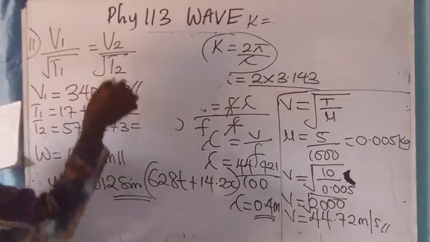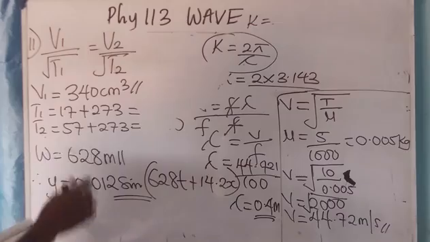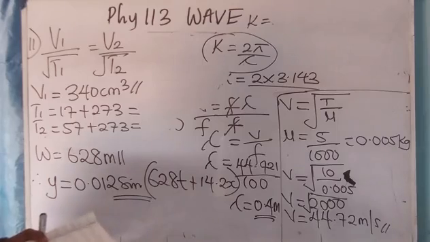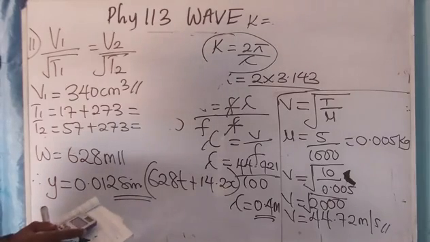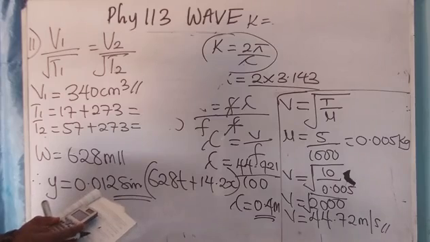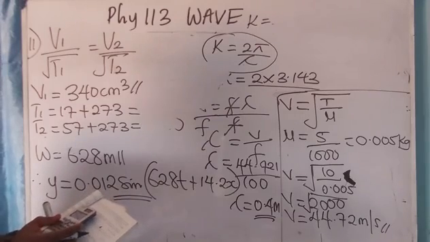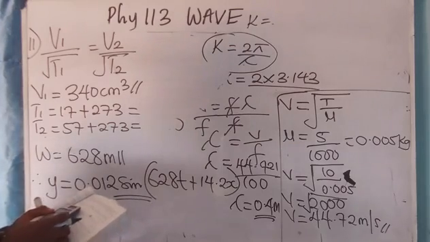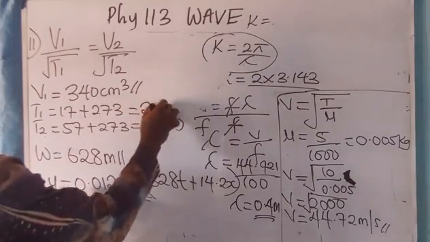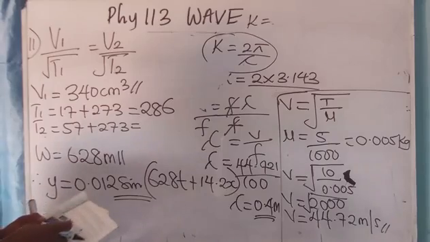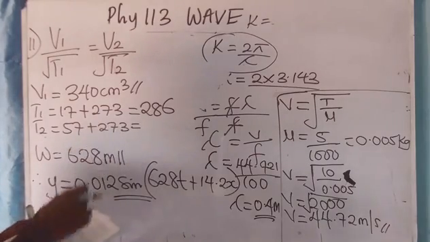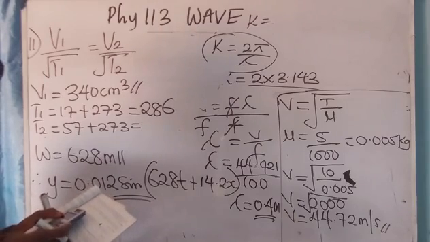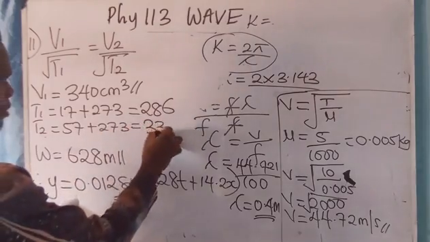You get your answer in Kelvin. 273 plus 17 gives 286, and 57 plus 273 equals 330 Kelvin.